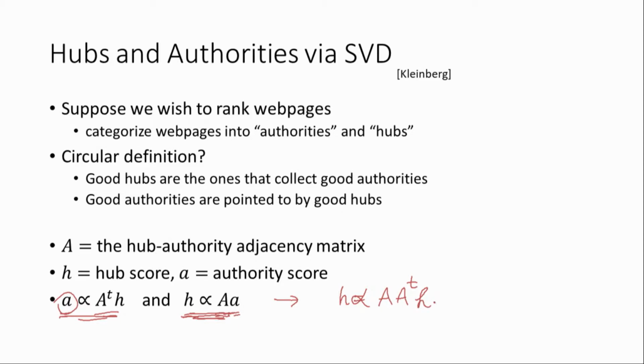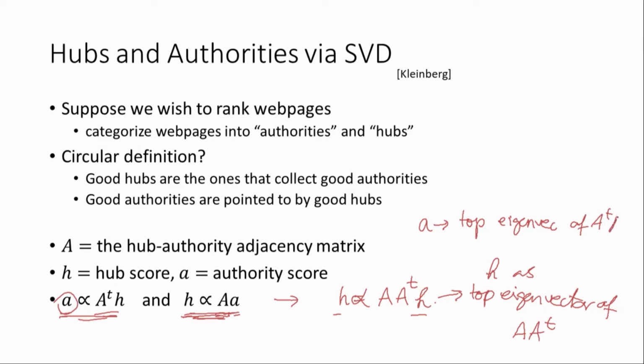This is what you're saying. And so this starts looking like h is the... So if I think of iterating these two, if I think of initializing a and h, and keeping on iterating until I reach a stable point, where I'm going to stop is really h being the top eigenvector of A A transpose, and small a being what?